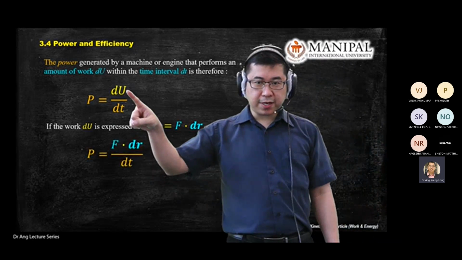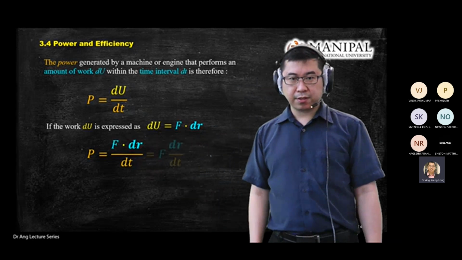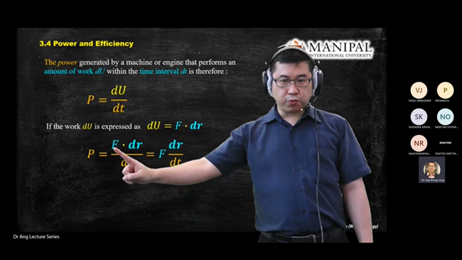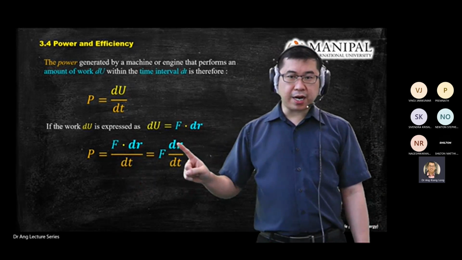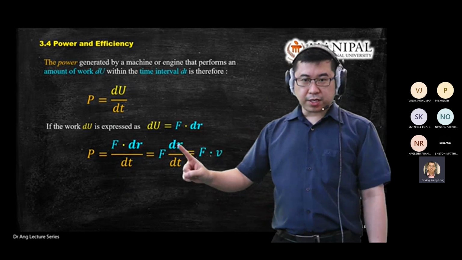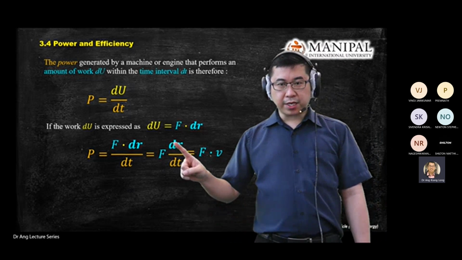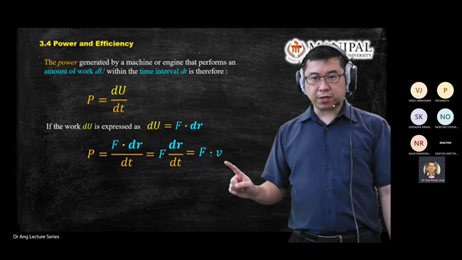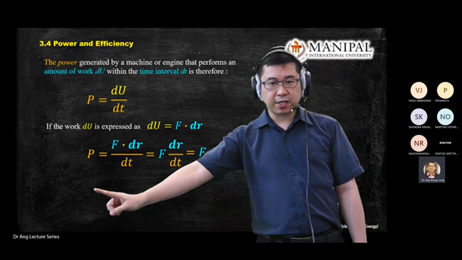So modify this one: work becomes force dot dr. You move your force outside a little bit, it becomes force dr/dt. dr/dt is your velocity. dr over dt, you get velocity. So force multiplied by velocity, you get power.